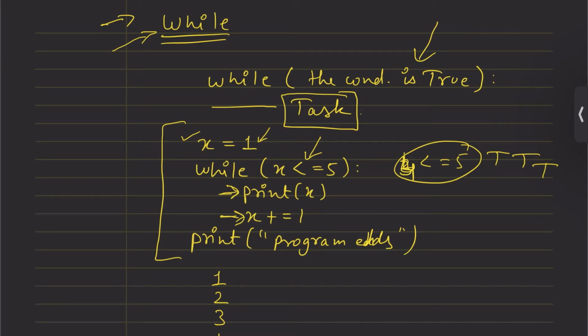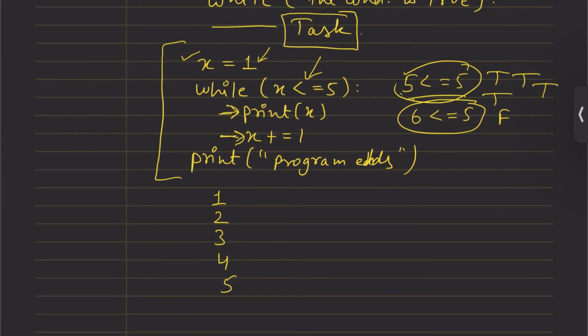Still the condition is true, so 5 will be printed, and then the value will be incremented. Now you can see the condition is like this: 6 less than or equal to 5, which is not true, so it is false. So what will happen? It will exit the loop, and the statement on the next line will be printed.